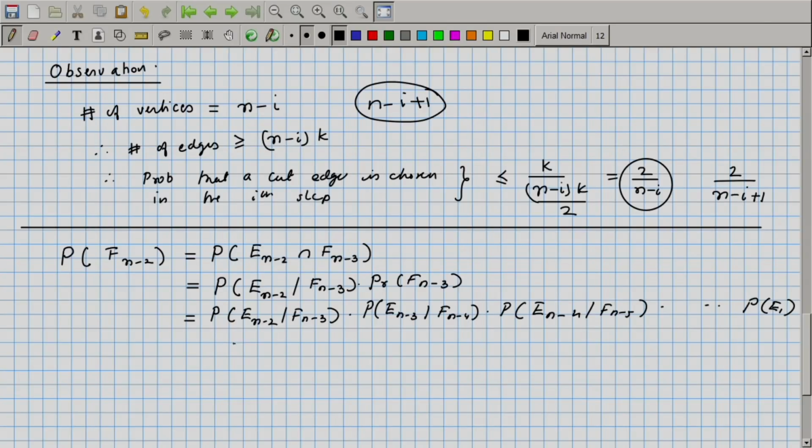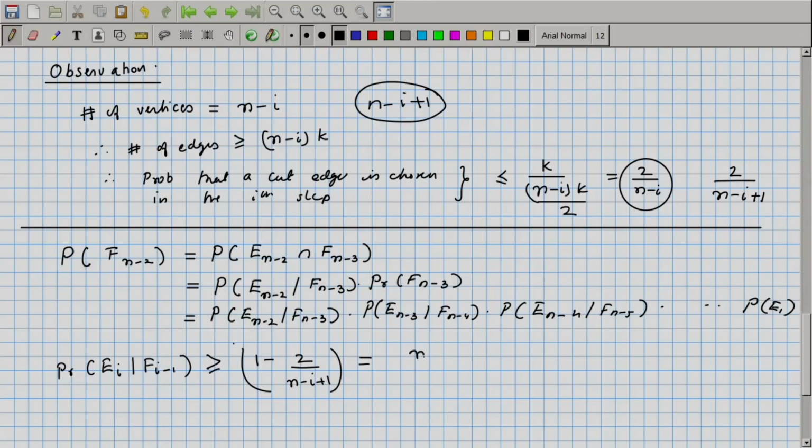So, the probability of success, probability of E_i given F_{i-1}, will be greater than 1 minus 2 divided by n minus i plus 1.